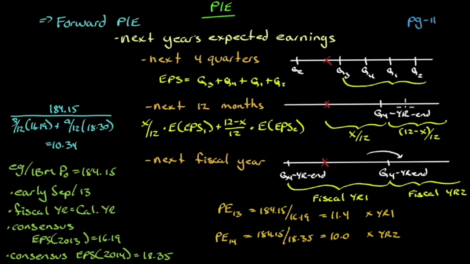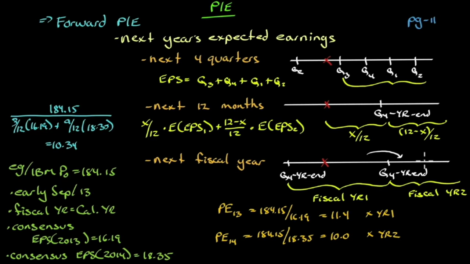Or you might say, well, in this particular year, there's an event that hurt the industry as a whole, so rather than include that, I'm going to jump right to the next fiscal year. You might have some reason for preferring one or another, or the context may dictate that one makes more sense. Once you choose one and you're comparing companies, you must compare them all on the same basis of the forward PE.